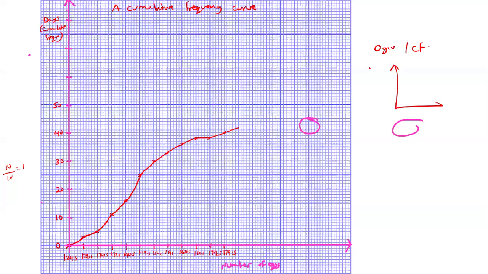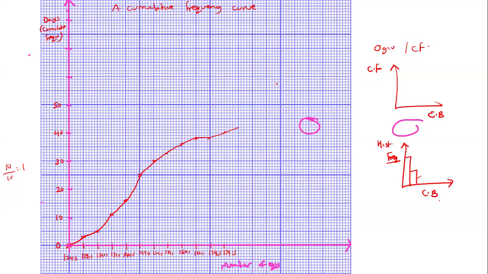Always we plot cumulative frequency against the class boundaries. When it comes to a histogram, we plot frequency against class boundaries, and we do not jump spaces. Thank you, sir.